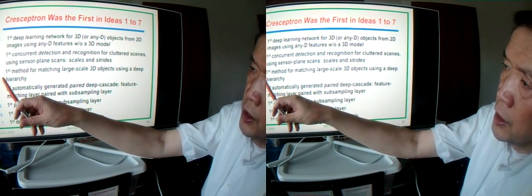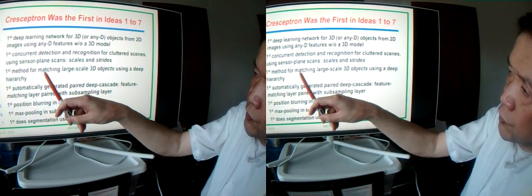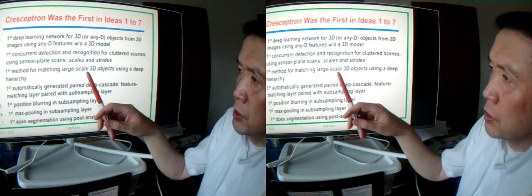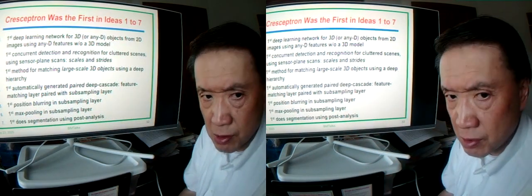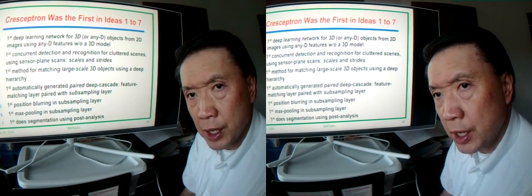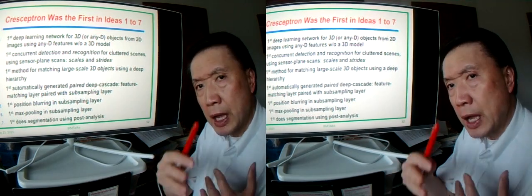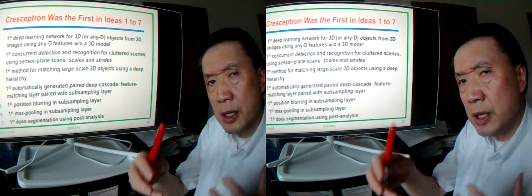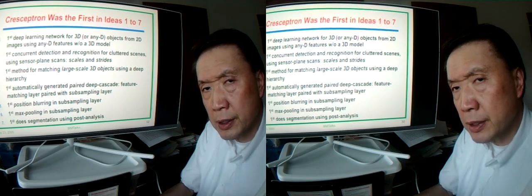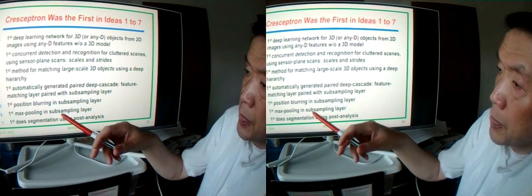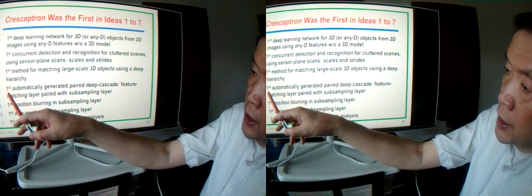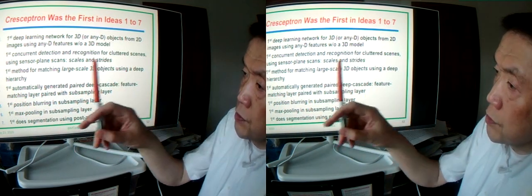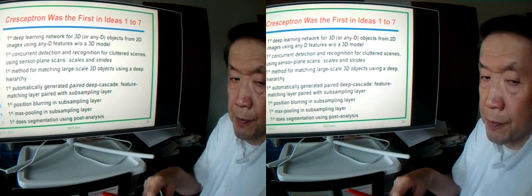Number 3 novelty is the first method for matching large-scale 3D objects using a deep hierarchy. Because large-scale 3D objects are really, really difficult to match. You really need to have tolerance along the hierarchy, and you do matching and tolerance with an automatic architecture. And then a particular idea of that is called paired architecture, where feature matching is followed by subsampling.